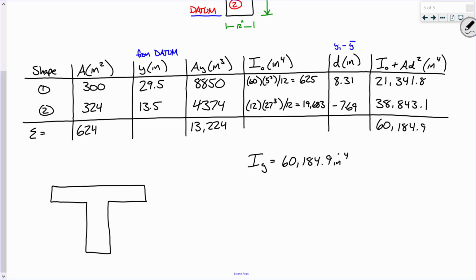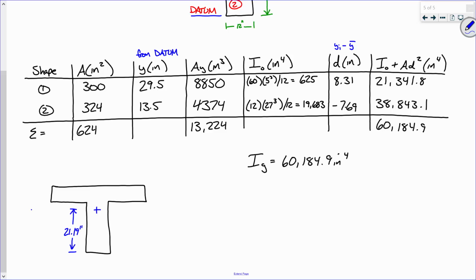Sound good? Okay. Now, I do want to refer to one thing real quick. So the centroid of the entire section was somewhere about right here, wasn't it? And this dimension is, now what was that again? Yeah, there we go, 21.19.